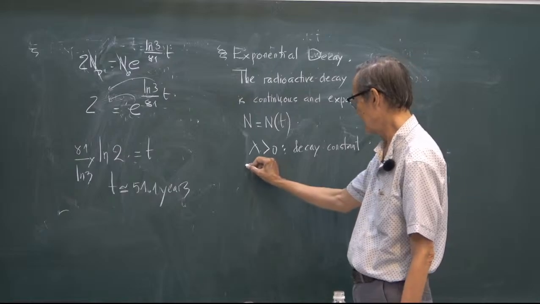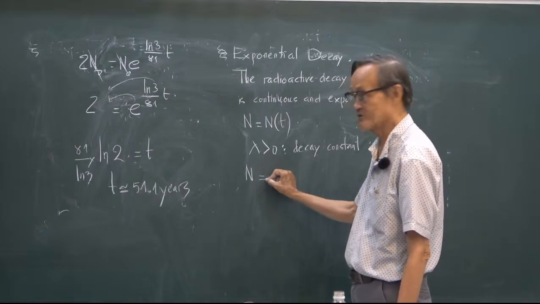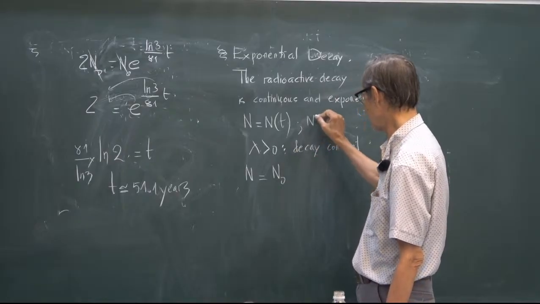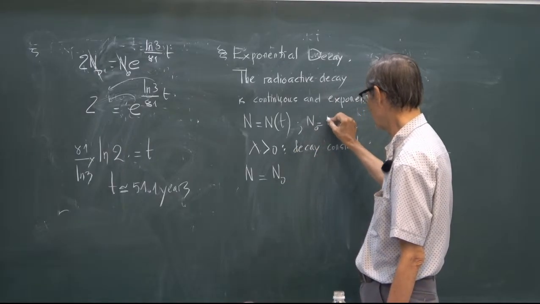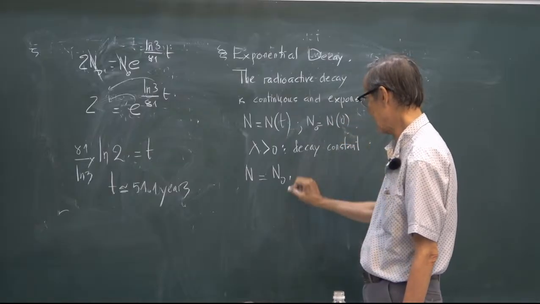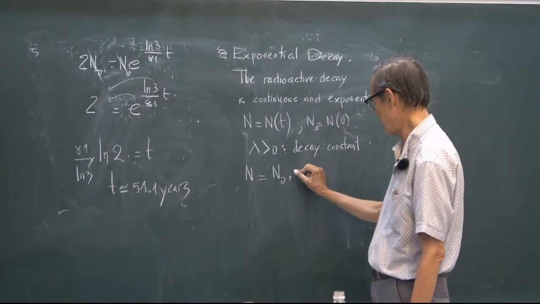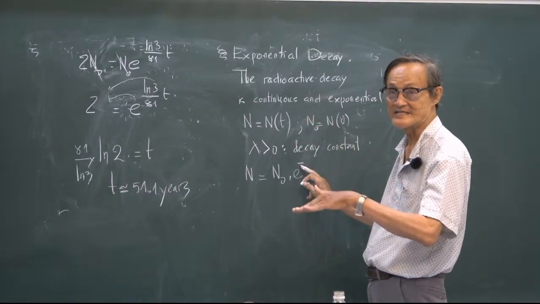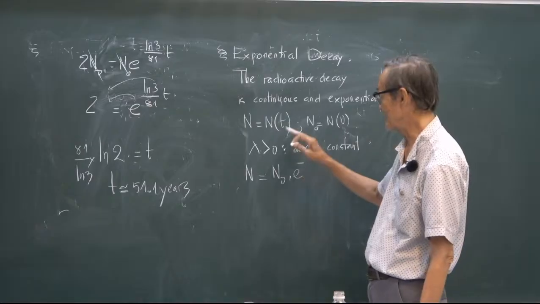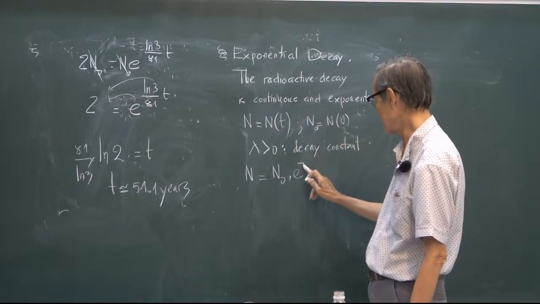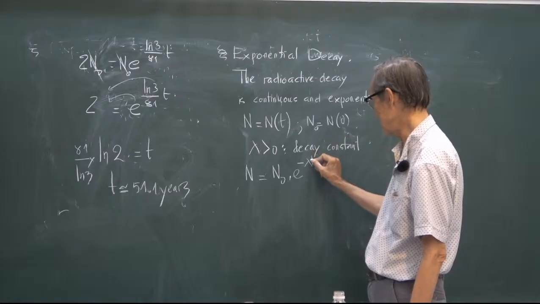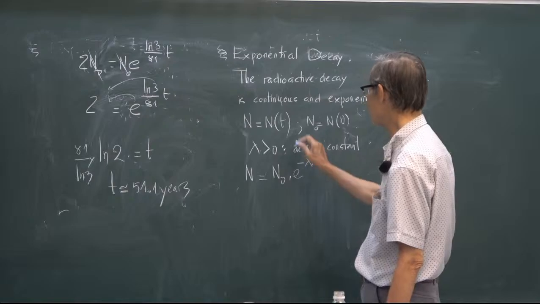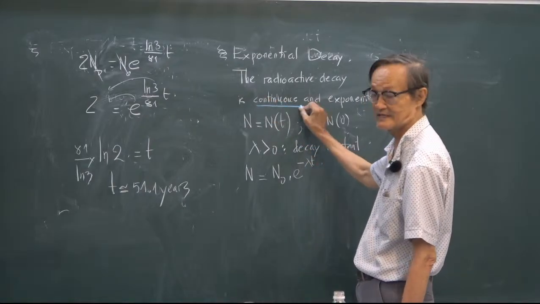Similarly, we have N equals N0, N at time 0, times e power minus lambda T, minus because it is decay, not increase. Similarly, because it's continuous.